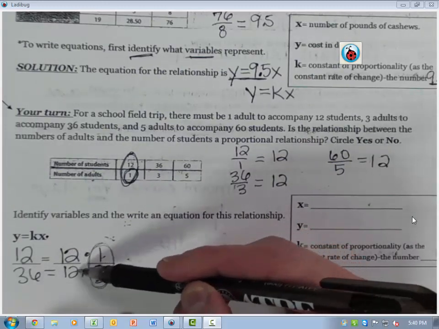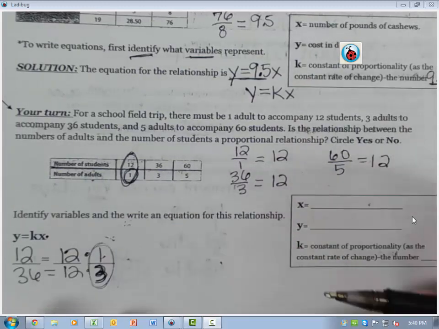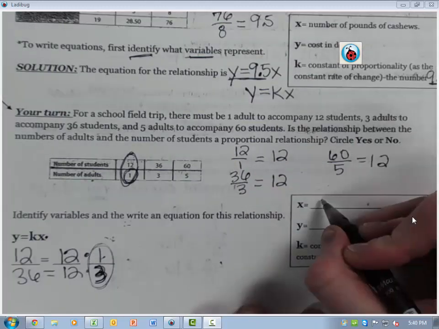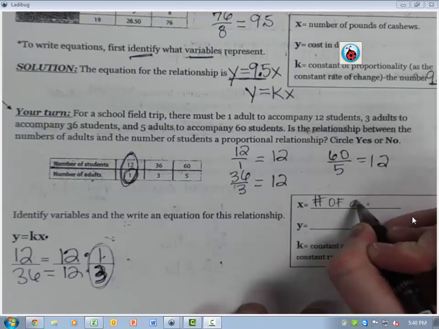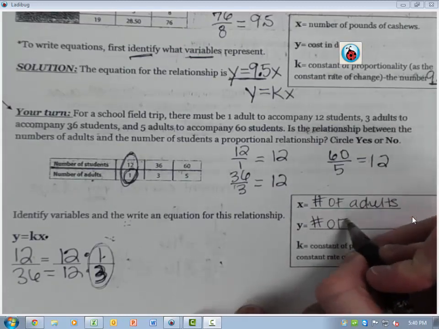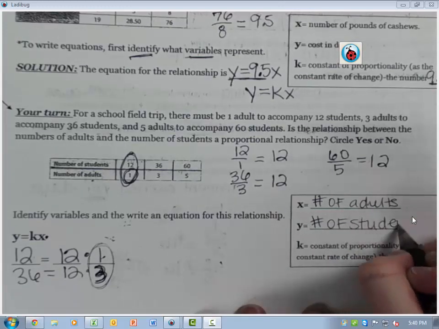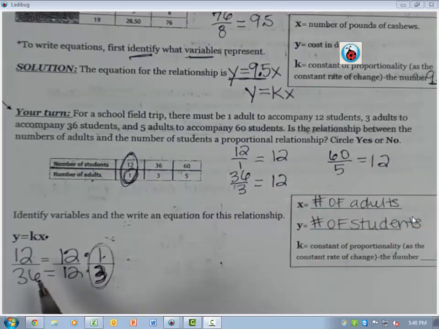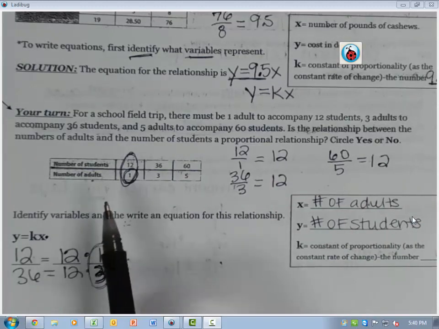So x would represent the number of adults, and y would represent the number of students. So see how you can do it in your head and figure it out by replacing x with either of these to see what you would get for y.